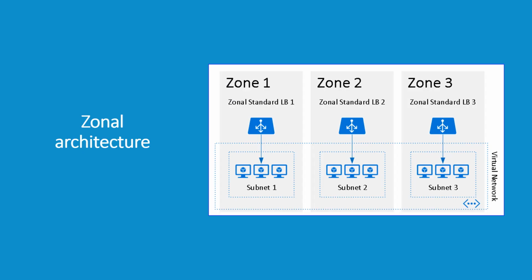Load balancer zonal architecture. We are going to talk about how this zonal architecture works and why you need zone redundancy to achieve high availability for your application. A zonal component is deployed in a specific availability zone that you select.